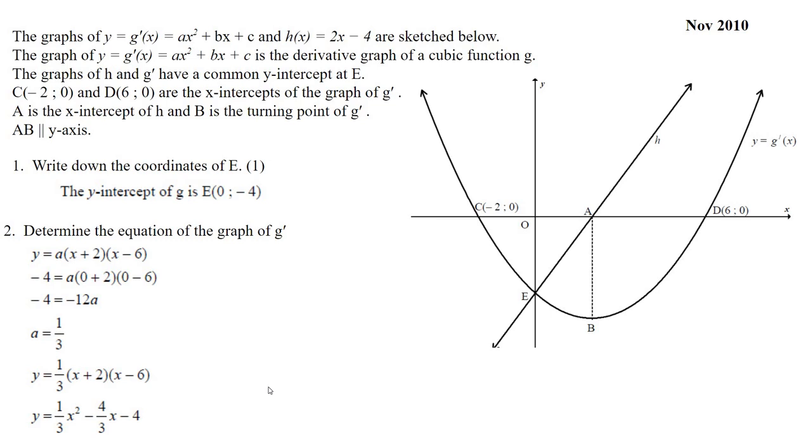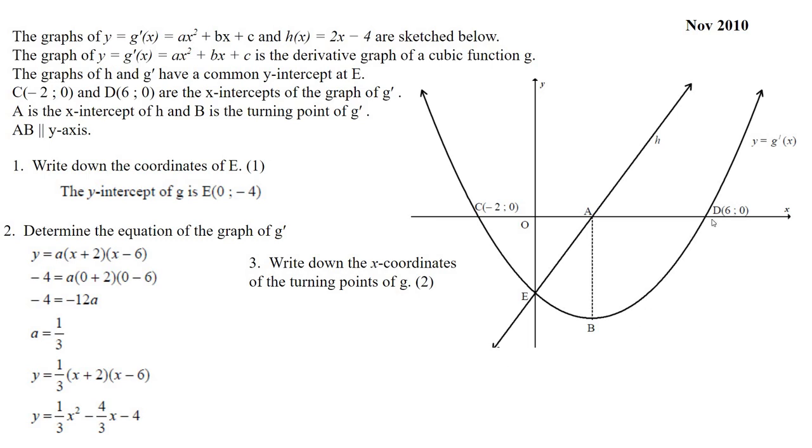The last question we'll do in this video, because there's quite a bit to these questions, is write down the x-coordinates of the turning points of g. The turning points of the original function, not g prime of x, but g of x, the cubic function.